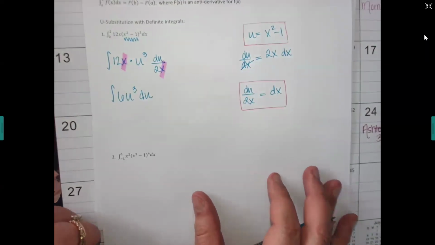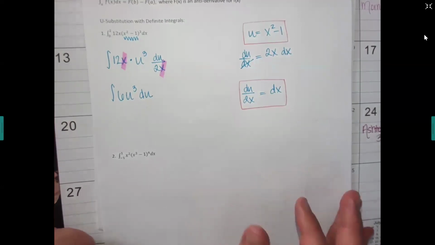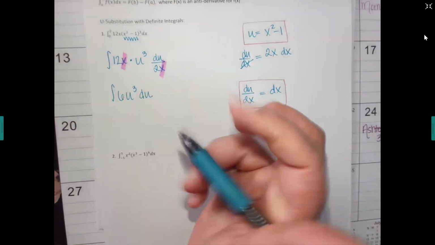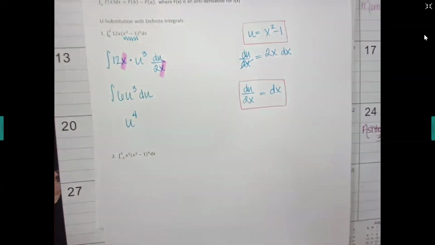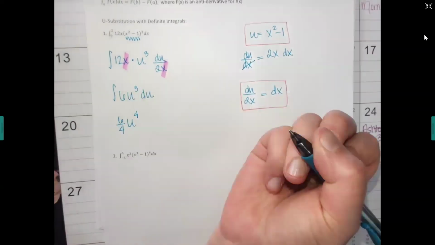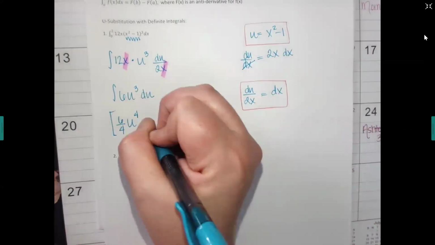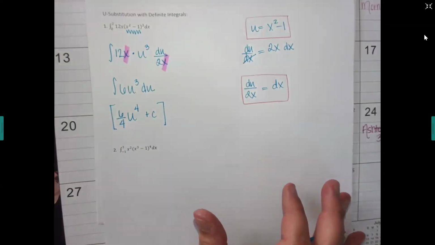All right, now we're ready to take the antiderivative. Remember, we're going to add 1 to the power, then divide it to the front. So u cubed is going to go to u to the 4th. And then I'm going to have to divide by 4 on the 6. So now it's a 6/4.